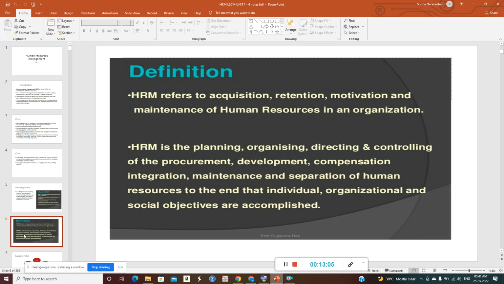You need to develop them, compensate them, integrate and utilize these human resources in a proper manner, and maintain them, right? And even when you separate, if they leave the organization, see to it that they leave in a good manner. And organizational and societal objectives need to be accomplished. The organization takes everything from the society, so they have to give back to it. So there are various dimensions the definition highlights here.